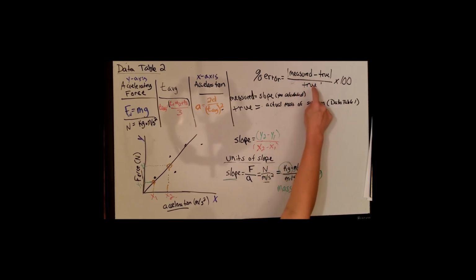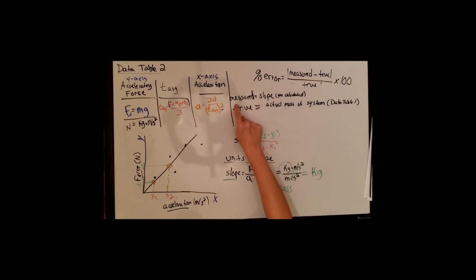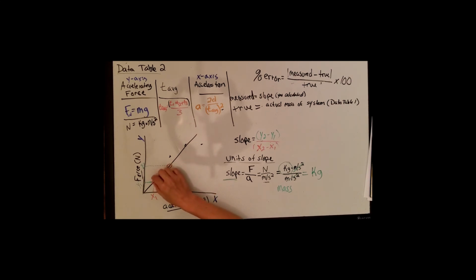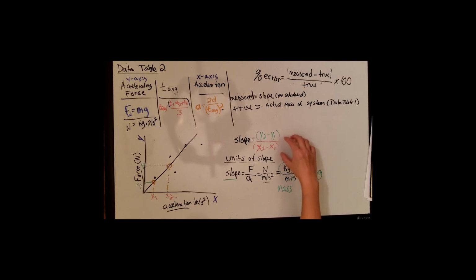So what is our measured and what is our true? Our measured is the slope that we calculated down here, picking 2 points on the line, getting our x1 and y1, our x2 and y2, and plugging that in. So the slope we got is the measured mass of the system.